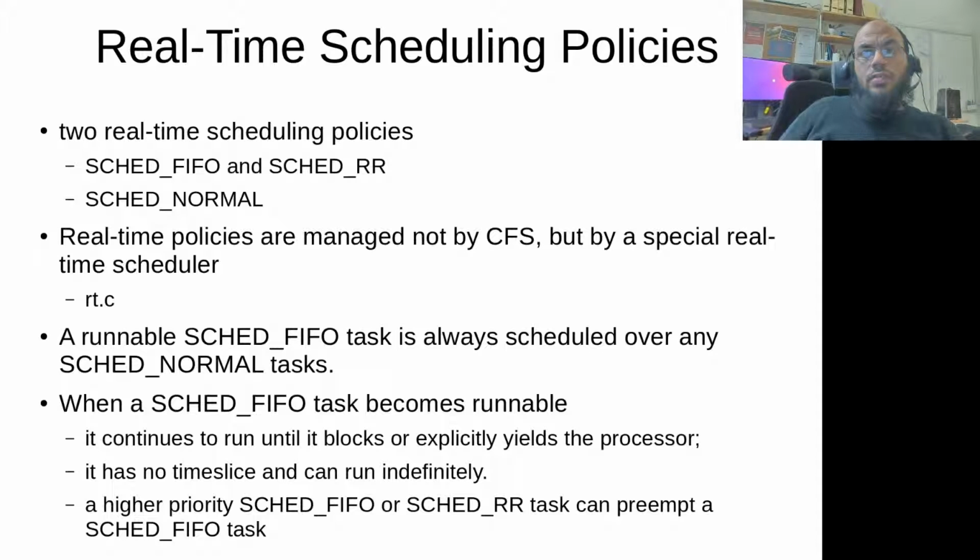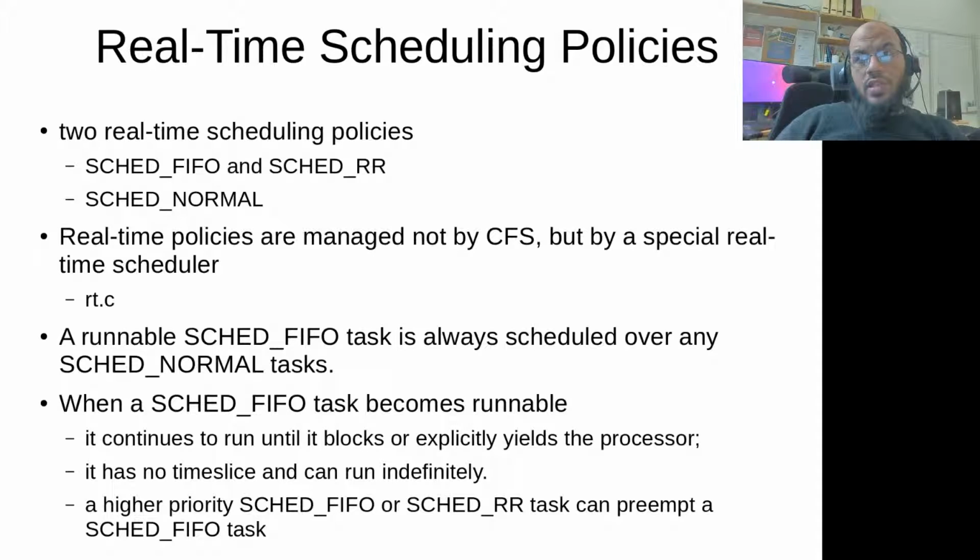Within the SCHED_RR and SCHED_FIFO policies, you will always have the priorities between the different tasks based on the real-time priority number that we have discussed a bit earlier, that goes from 0 to 99.